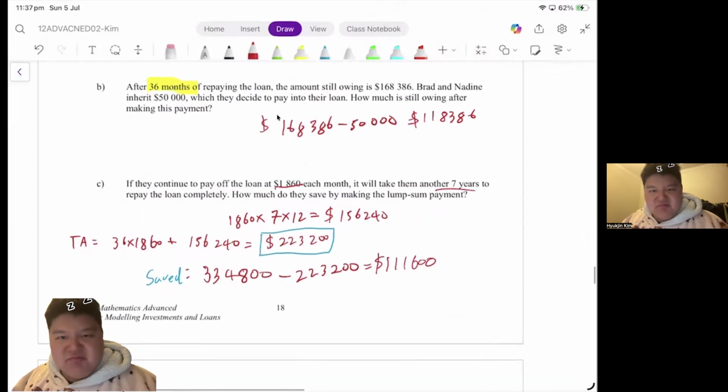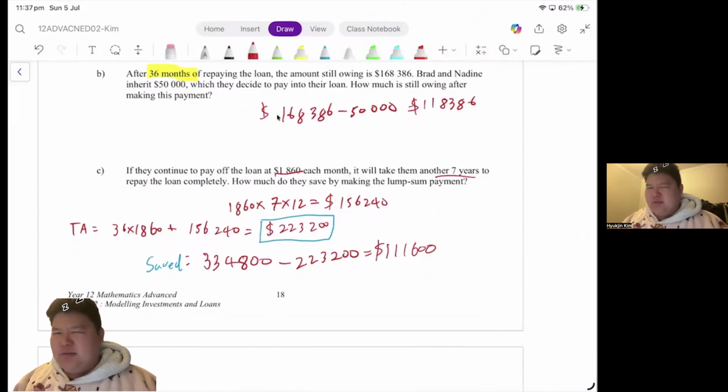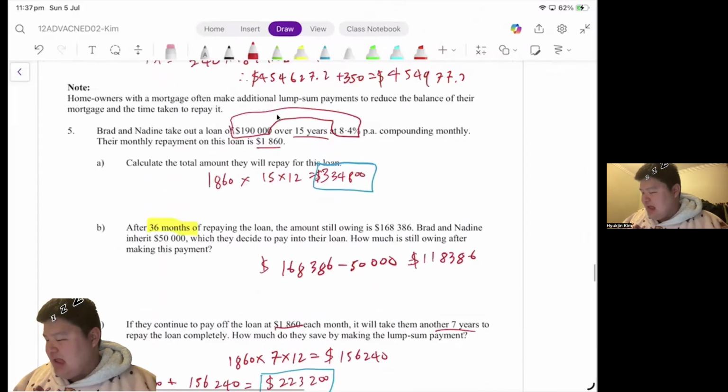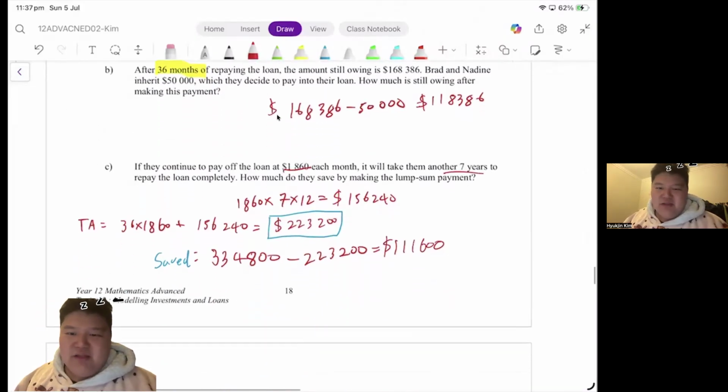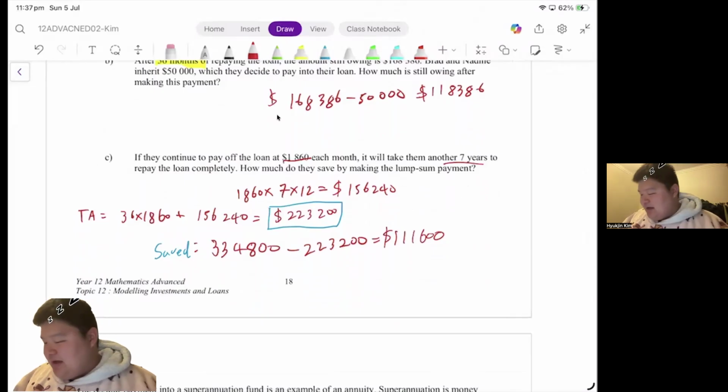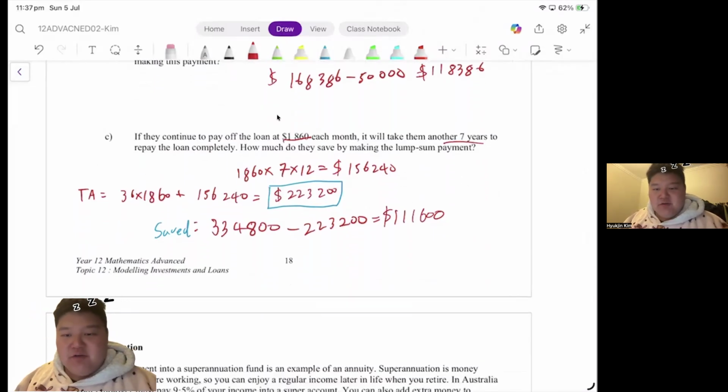Yeah, I think it checks out. More than double. I'm just going to assume they did the right thing. But yeah, in this case, we've saved $111,000.